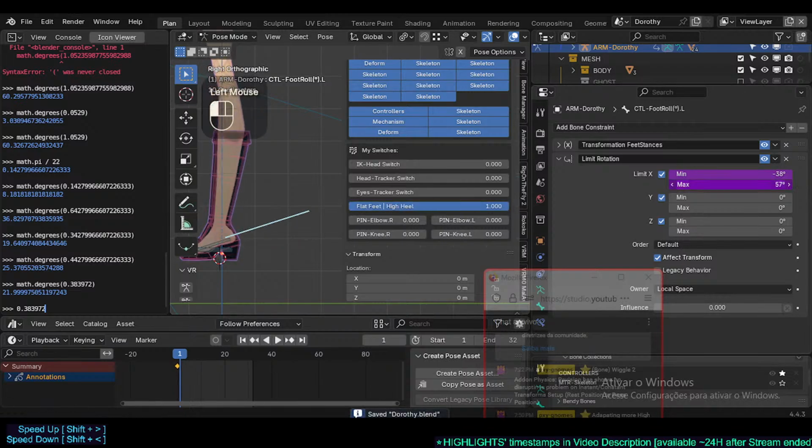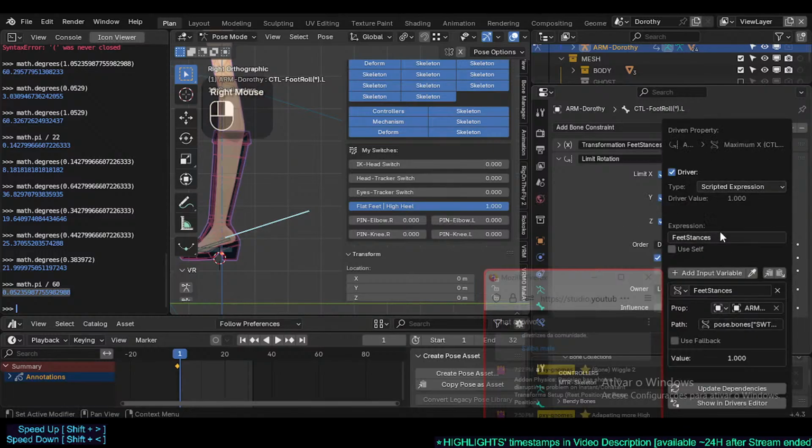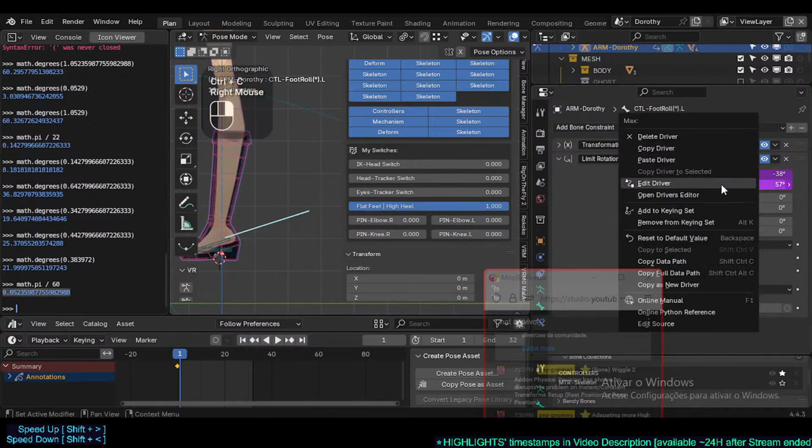And then here we're gonna do the same formula, but different. Now it's 60 degrees, right? So it's just that, okay, the inverse. No, it's not that. Copy this.